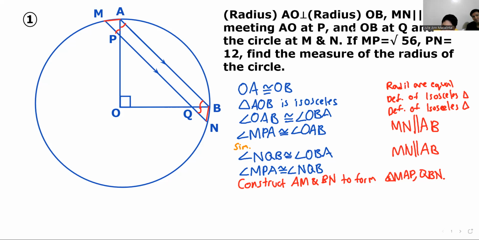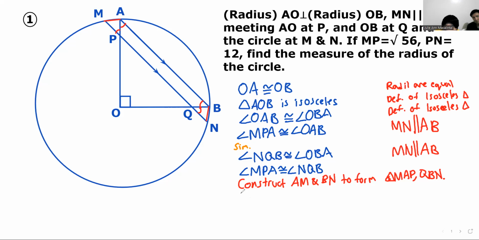So PAQB is a trapezoid. And since PAB is congruent to QBA, or equivalently OAB is congruent to OBA.